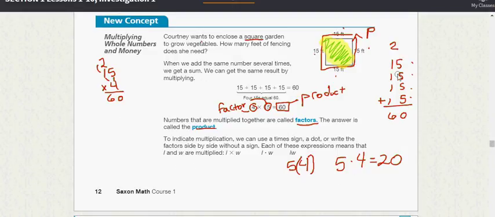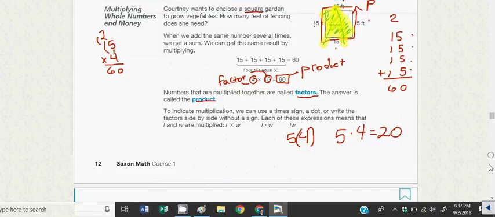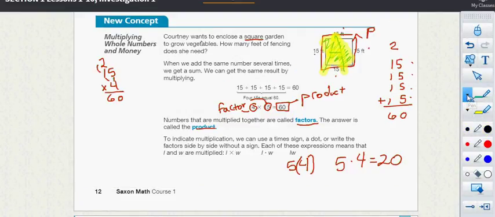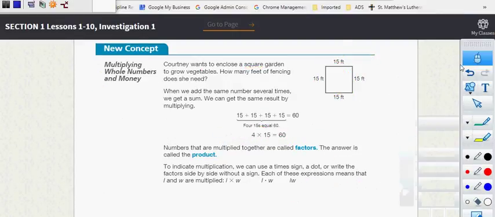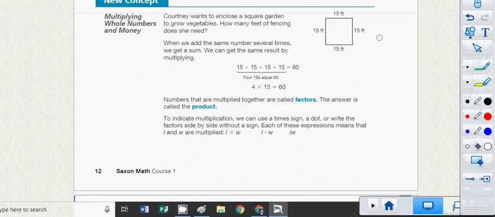And that's called the area. Area is square footage, or whatever it is inside. Inside part. So length times width gives you area.